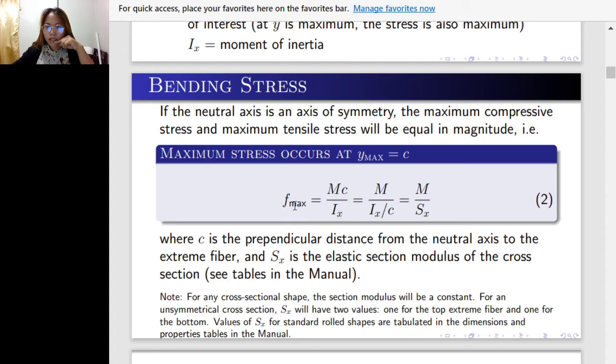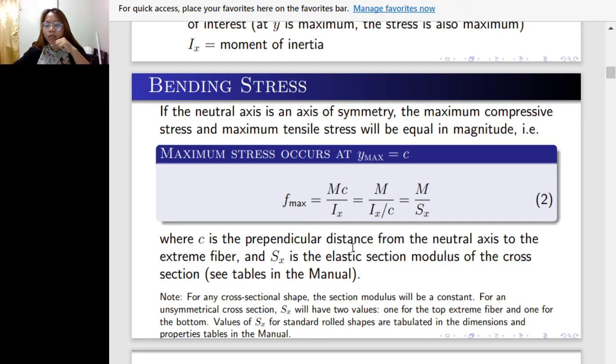This maximum stress, which occurs at y max or at C, as I've said, is Mc over I. But this I over C is also equal to the elastic section modulus, or S. So that's why this maximum stress can also be written as M over S sub x.